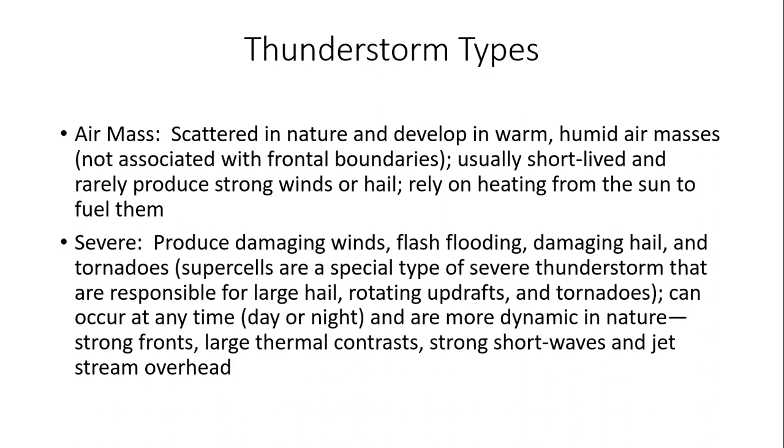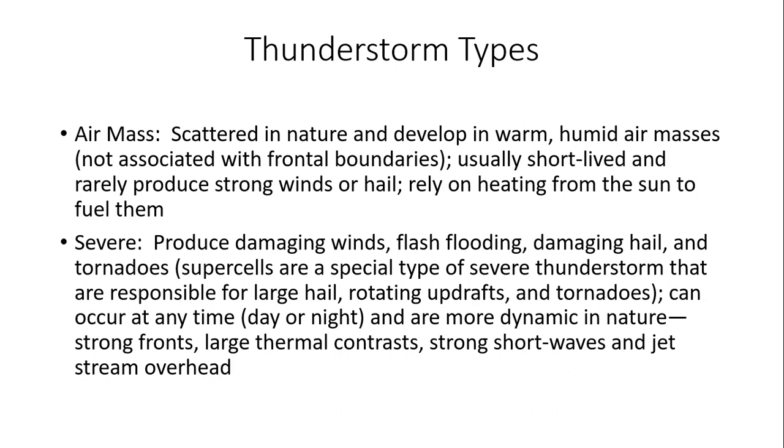So air mass thunderstorms, I want you to think more of the summer season, when the morning time may be sunny, and then as we go into the afternoon, thunderstorms develop, and they're really quick in duration. You get really heavy rain, gusty winds, some vivid lightning with air mass thunderstorms in general.